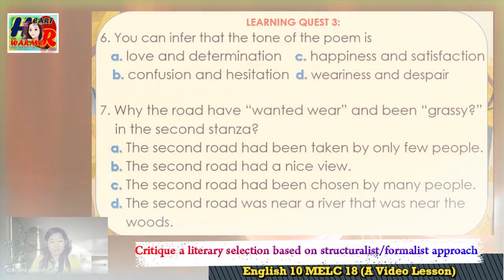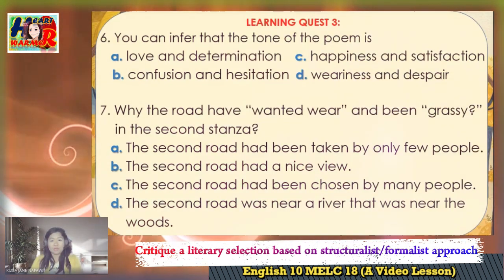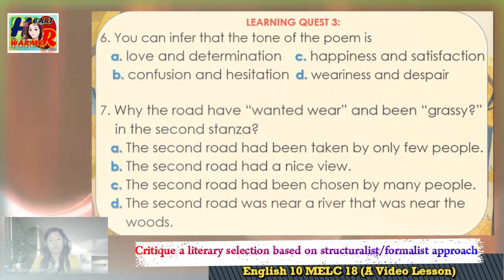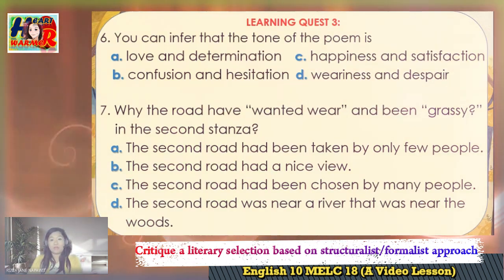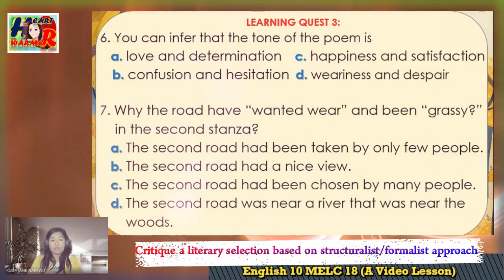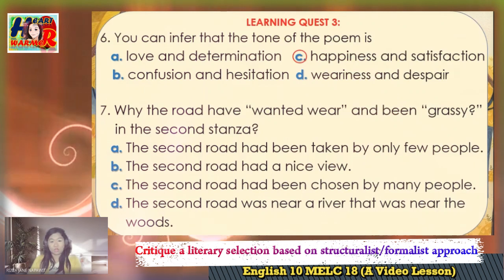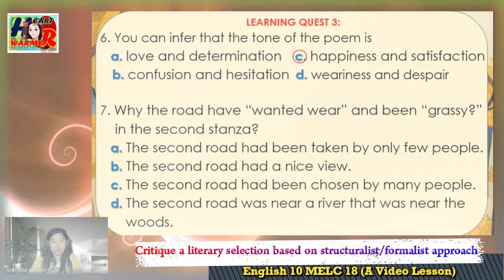Because at the end of the poem, the last stanza, the speaker of the poem is somehow proud that he or she took the less traveled road, we could say that it's more of C, happiness and satisfaction, because there were no regrets present in choosing the less traveled by road.